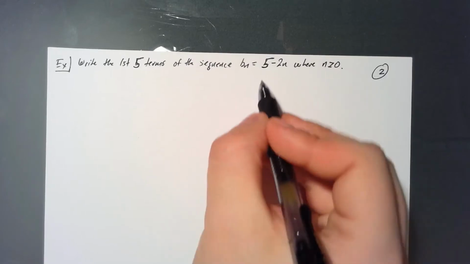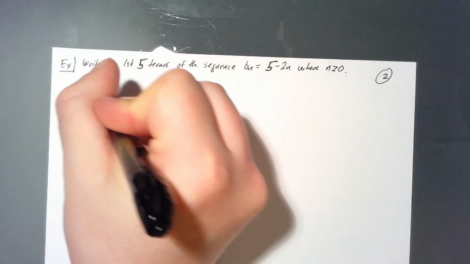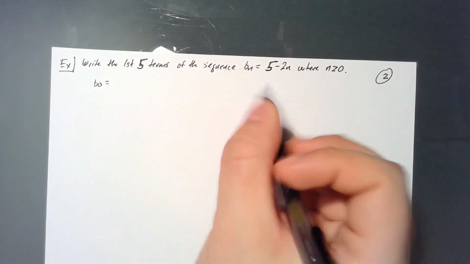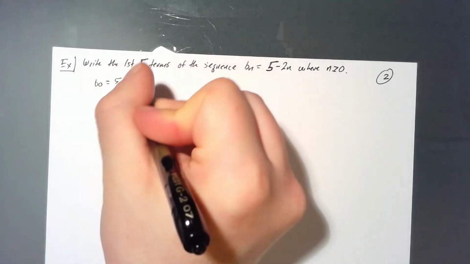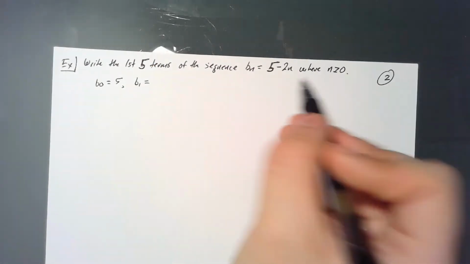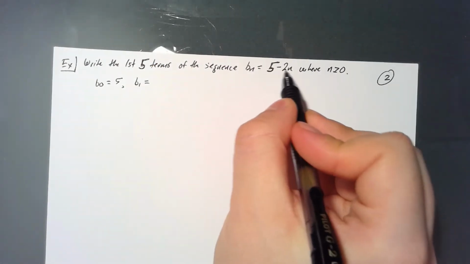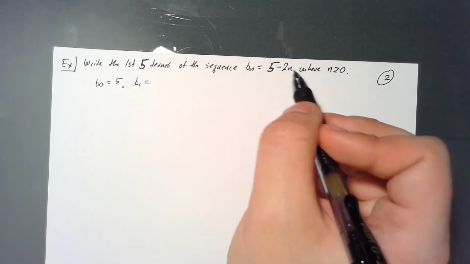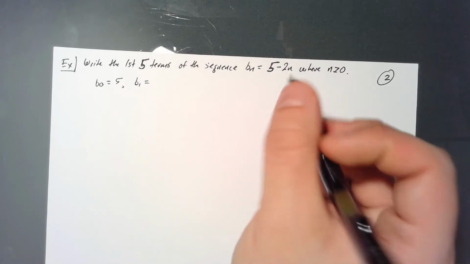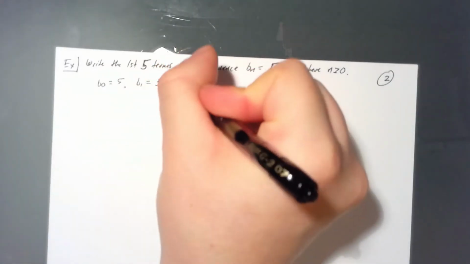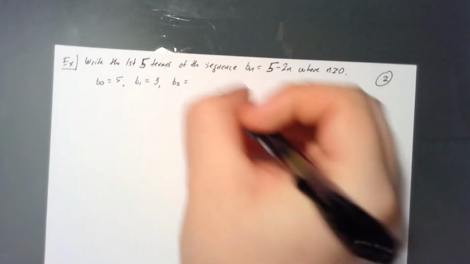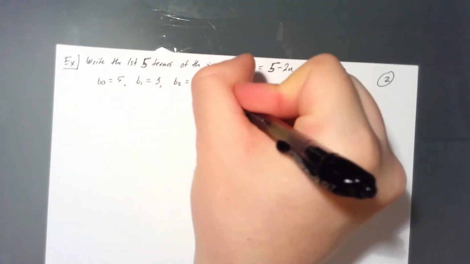So if I want to be consistent here, b sub 0, so plug in 0 in here. That's easy. 5 minus 2 times 0, which is 5. B sub 1, plug in 1, so 5 minus 2 times 1, which is 5 minus 2, because 2 times 1 is 2, so that's going to be 3. B sub 2, that's going to be 5 minus 4, which is 1.